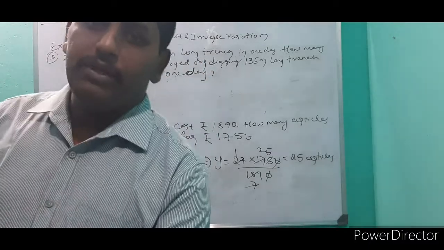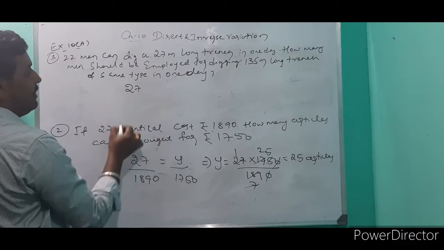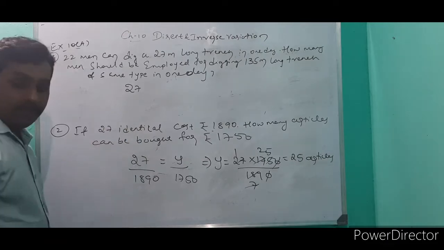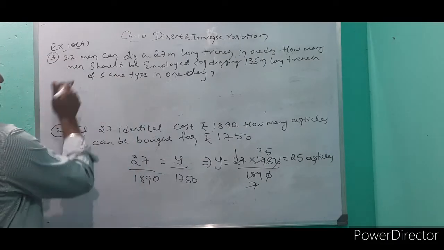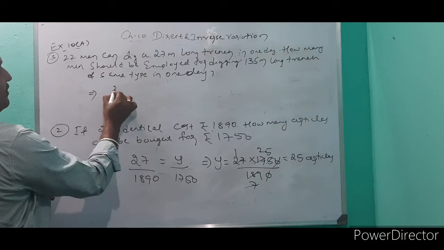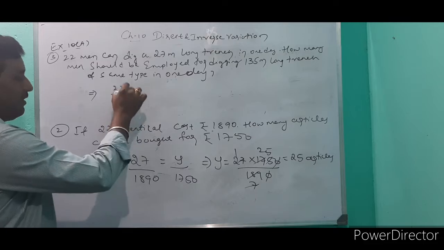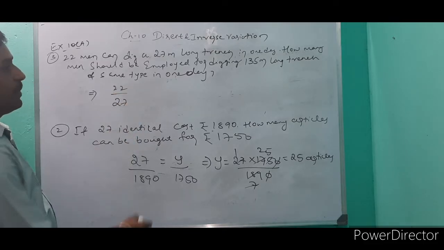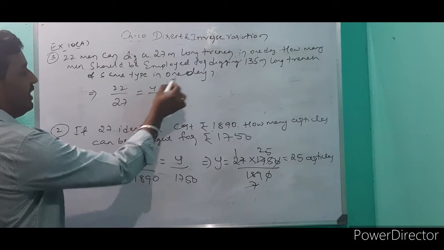So here no need to confuse again. One day, 22 members for one day. This is also direct variation. 22 members dig a 27-meter long trench. So for that, how many members? You can take y.